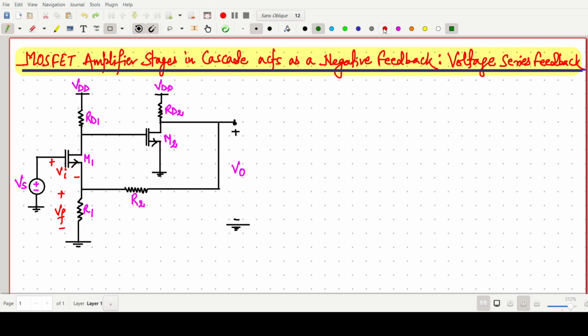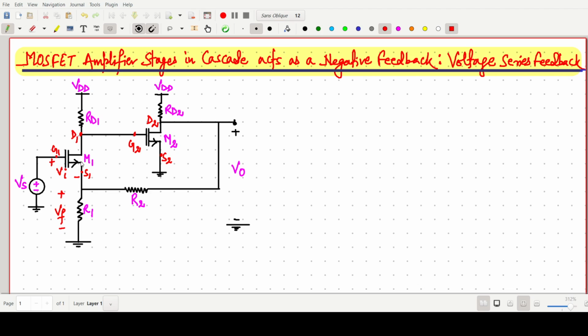This one is the drain of 2, gate of 2 terminal, source of 2 terminal. Similarly, drain of 1, gate of 1, and source of 1 terminal.